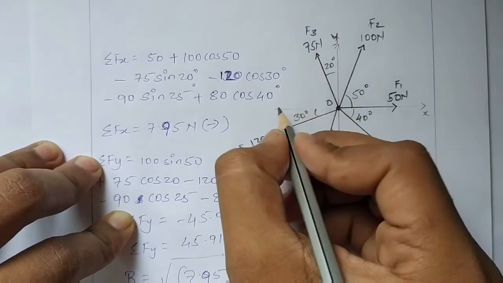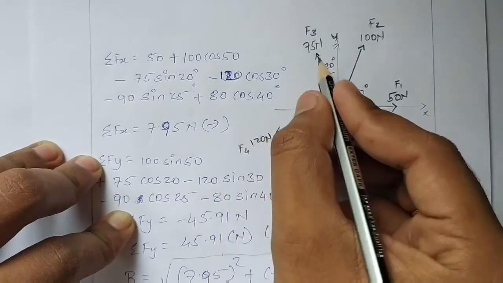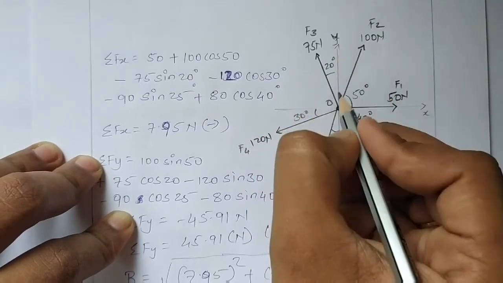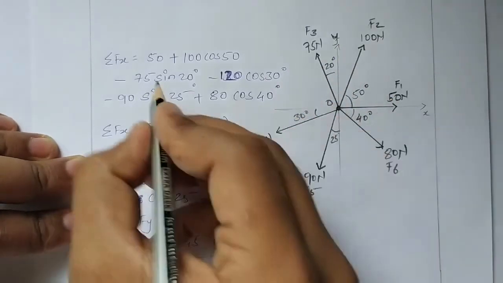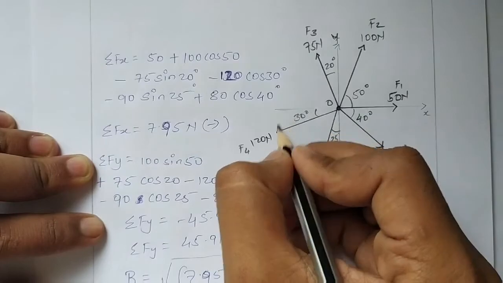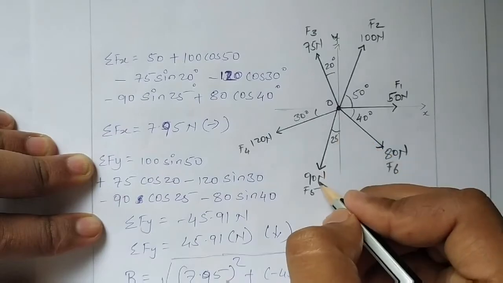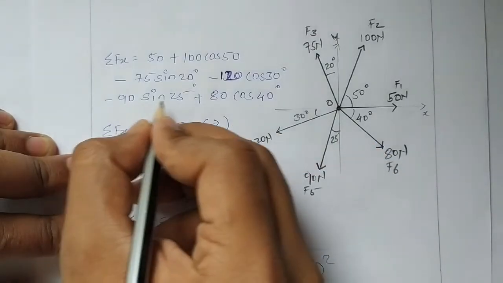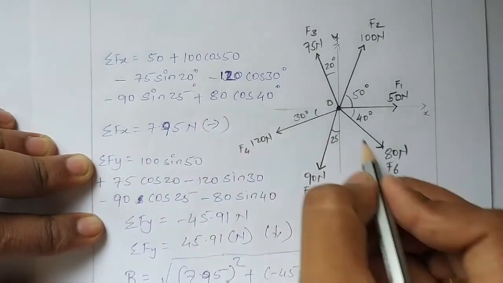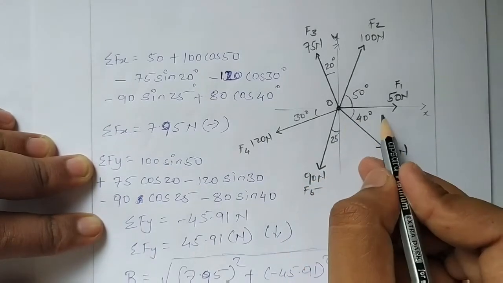The horizontal component of this force is towards left, so minus 75 sin 20 degrees, since this angle is made with the vertical. Then F4, 120 Newton, is again towards left, so minus 120 cos 30, and this one again minus 90 sin 25. Then the last force, plus 80 cos 40, since the horizontal component of 80 Newton is 80 cos 40.